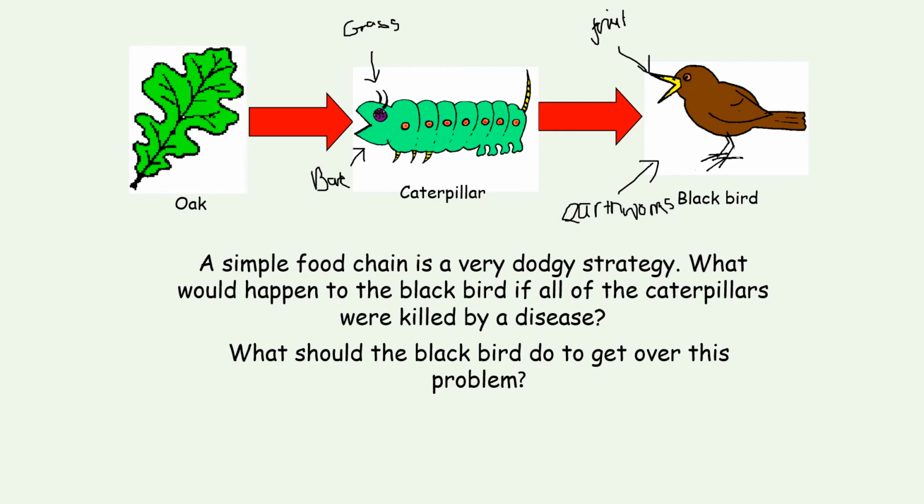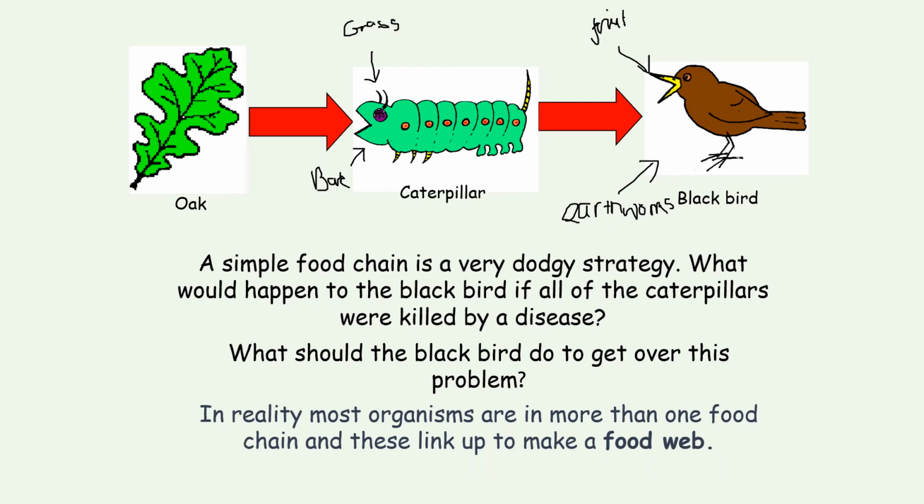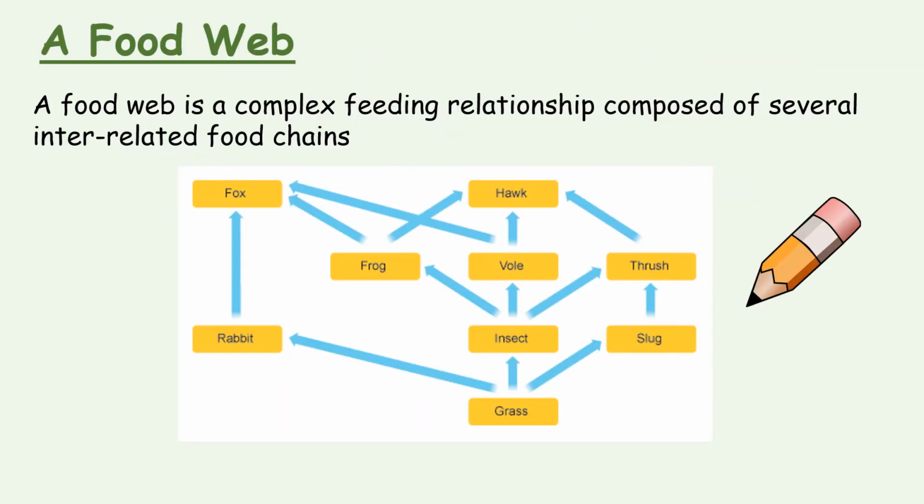So in reality, most organisms are in more than one food chain, and these all link up to form a food web. So when there's more than one food chain linked together, it's called a food web. A food web is therefore defined as a complex feeding relationship composed of several interrelated food chains, and you need to know its definition. From the food web, you can separate it into different food chains.